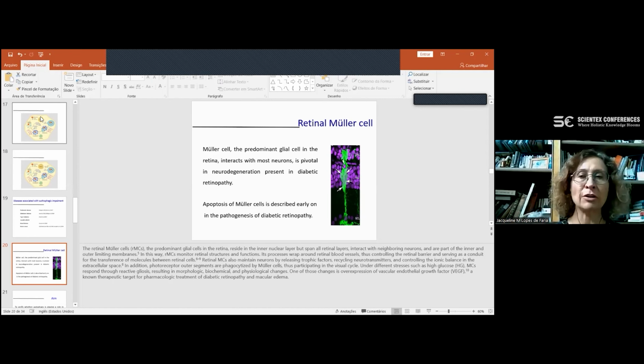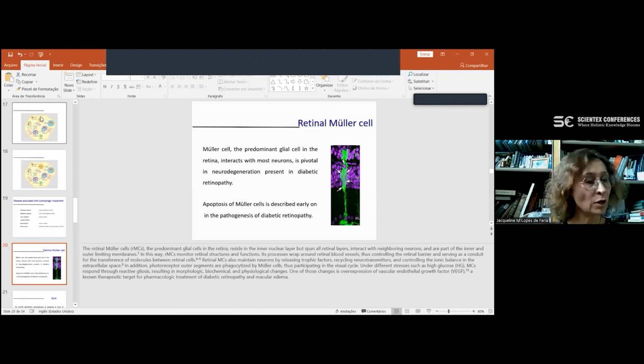And the Müller cell is a very complex cell with many functions, such as releasing trophic factors, recycling neurotransmitters, and controlling ionic balance in the extracellular space. Under stresses like a high glucose condition, Müller cells react, changing their morphology, physiology, and biochemistry as a reactive gliosis.